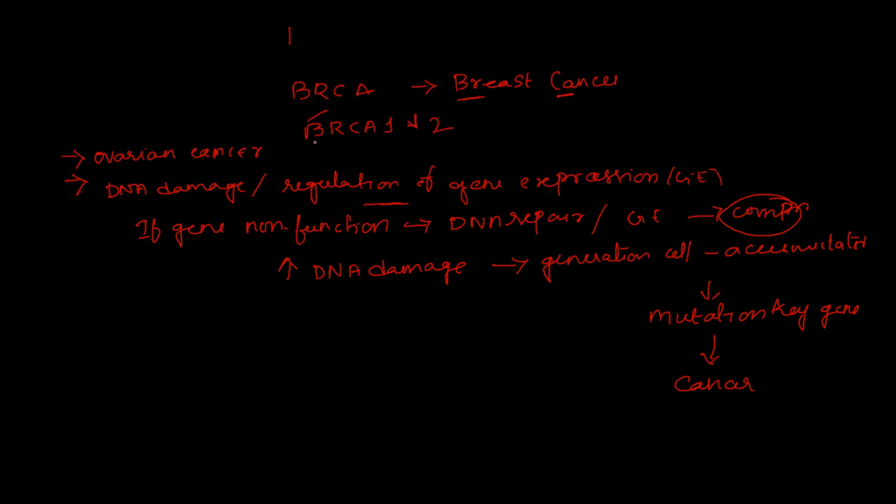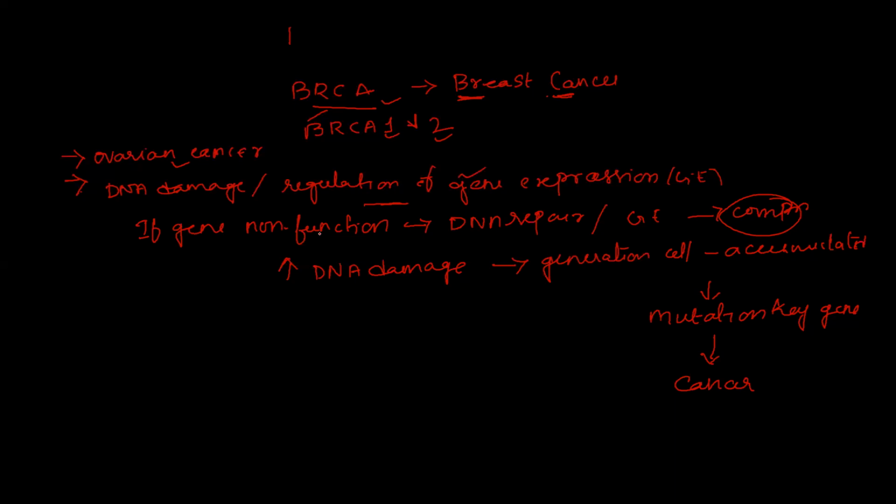So BRCA is associated with breast cancer, BR and CA. That's how it gets its name. There are two types, type 1 and type 2. It is also associated with ovarian cancer, mainly if there is DNA damage or faultiness in gene expression, it is going to control it.